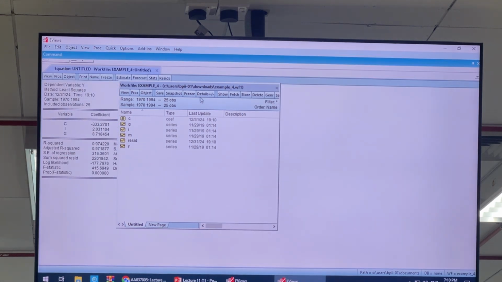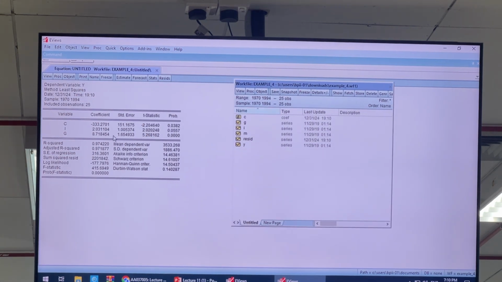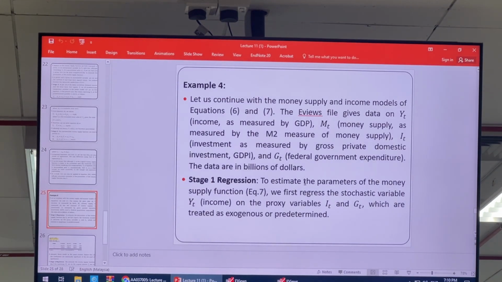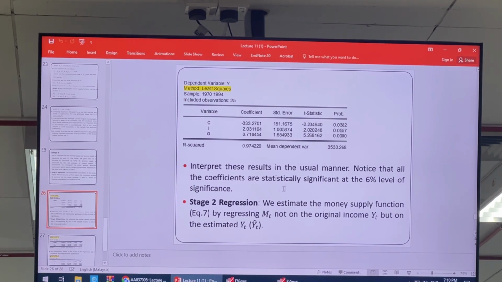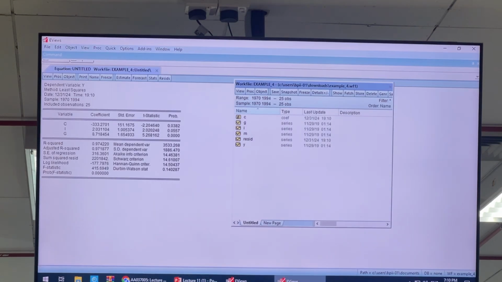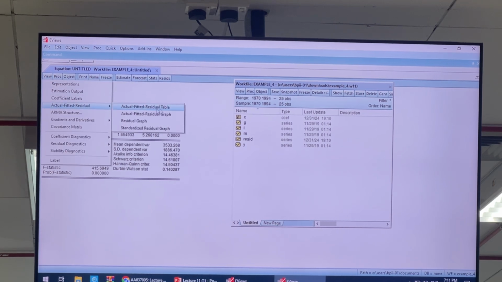Okay, so you get this result, which you can interpret in the usual manner. Notice that all coefficients are significant at the 5% level. Only one is not significant. Now after you estimate this, you need to get the fitted value. You go to View, Actual, Fitted, Residual, Table.